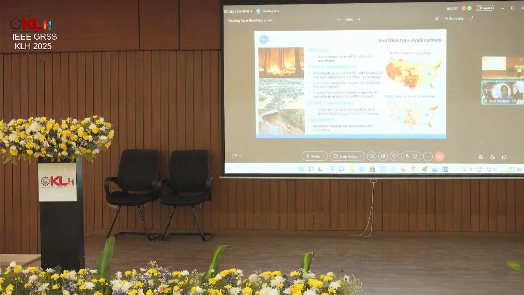And you can see there's remarkable correspondence in terms of spatial similarity between these two images, where the southern part of the US, which is Texas and Oklahoma, has a drought, and that also has a negative soil moisture anomaly at the same time.